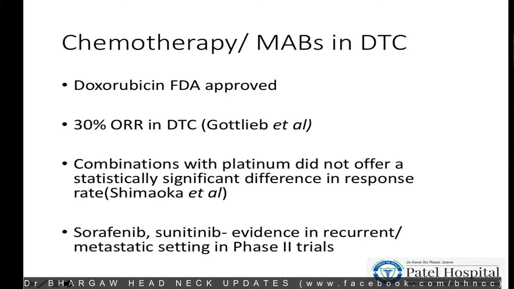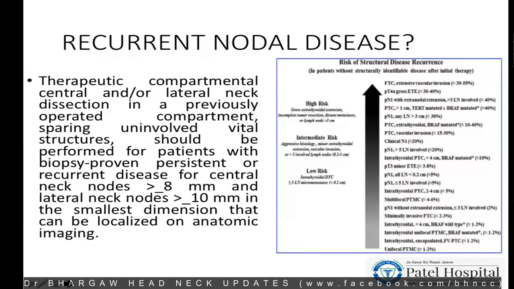Therein came in sorafenib and sunitinib. Currently, sorafenib and lenvatinib form two options for radioactive iodine refractory disease. So remember, systemic therapy or monoclonal antibody are typically only used for patients who have refractory disease or where the other options for therapy are either exhausted or are refractory to it.